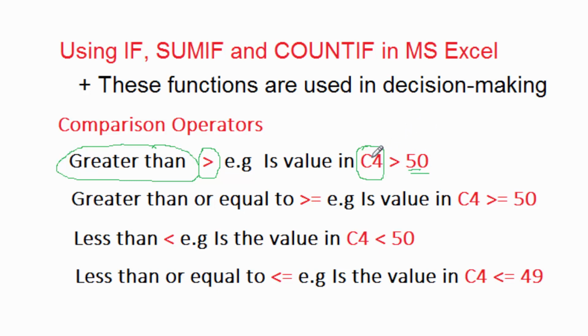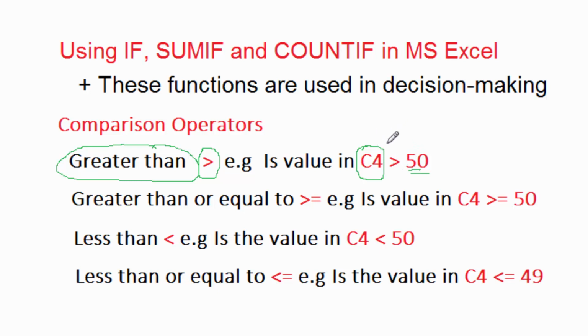For example, if in C4 I have a value of 30, when we do this comparison, it will check if what is in C4 is greater than 50. And as I said earlier, assuming I have 30 in C4, 30 is less than 50. In this case, 30 cannot be greater than 50, and it will return false.